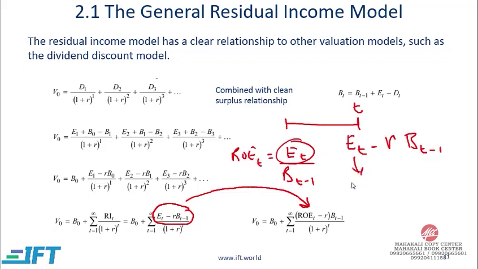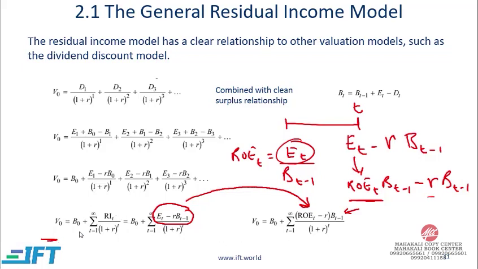So you can plug that in over here, ROE at time t times book value at t minus 1, and then you have minus R times B(t-1). So then you can simply pull out B(t-1) and you have ROE minus R, which is this expression over here. So there are three ways then of writing the same thing.